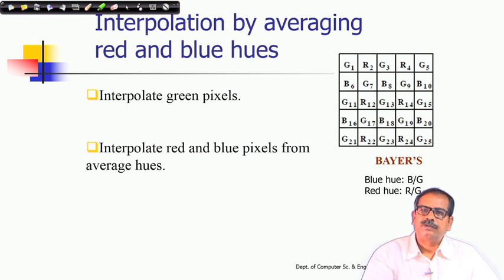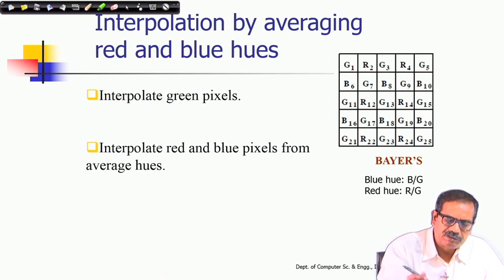That would give you the corresponding blue sample. So, this is the modification it requires. Similarly, you do it for red hue. It is nothing but bilinear interpolation of hues once you have computed green, and then you convert it to the pixel value by multiplying the respective hue with the green component.